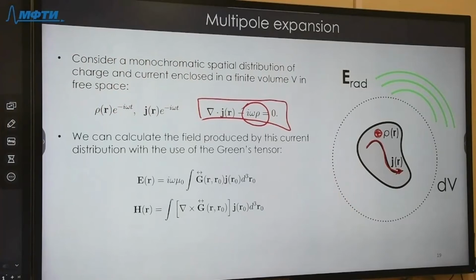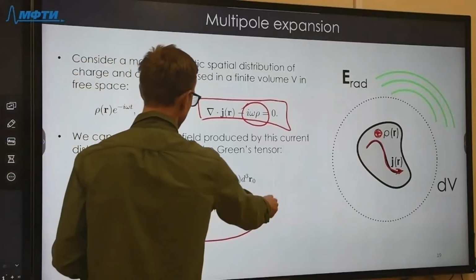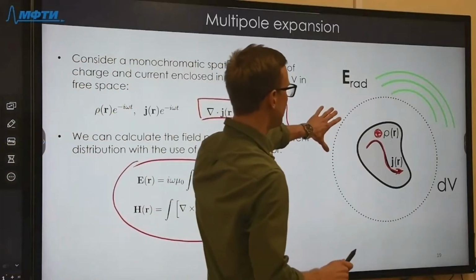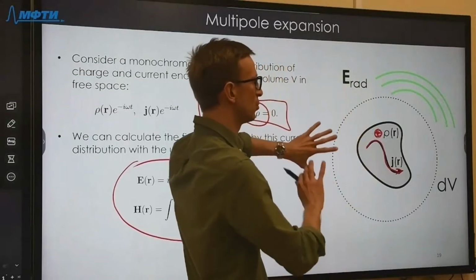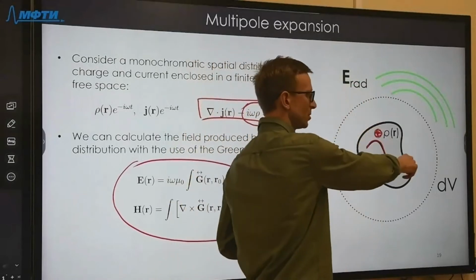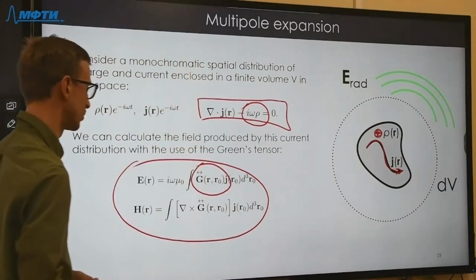And given this current distribution, we can always calculate the radiated electric and magnetic field by using the Green tensor. We assume that the structure is just free space. There are no structures, no media. There are only certain currents. So this is the Green tensor of free space that we already know.